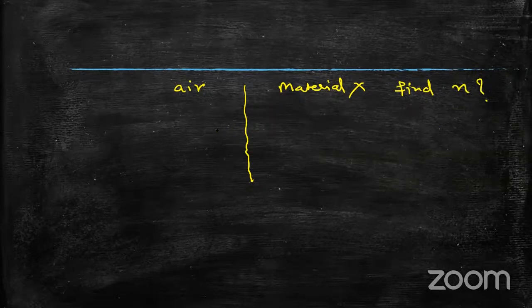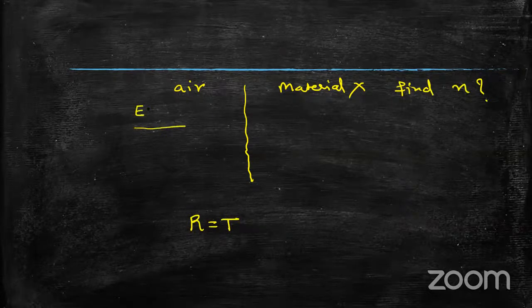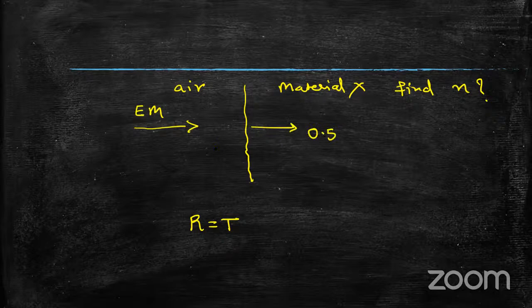The property of this material is that R is equal to T. If you shine an electromagnetic wave, 0.5 is transmitted and 0.5 is reflected.